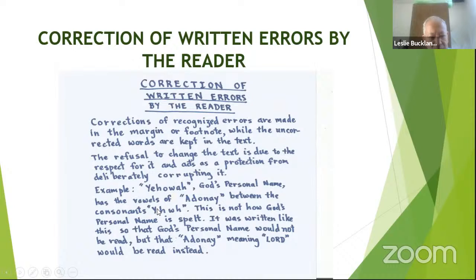Number one is Yahweh, and the second one is Yahaweh.